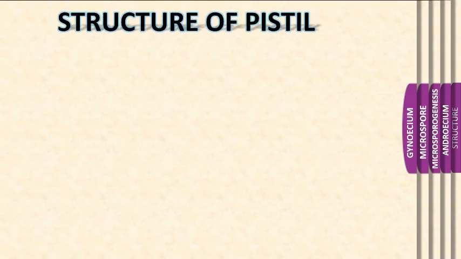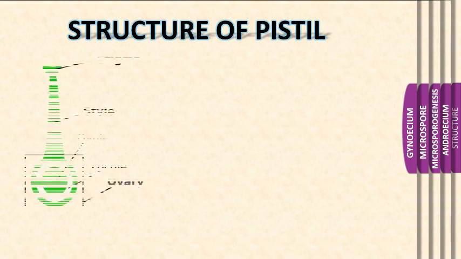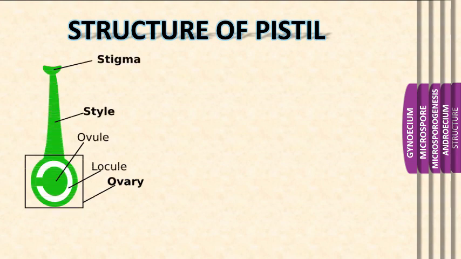After development of the microspore, we are going to study the structure of the pistil, or female reproductive part. It is also known as carpel. Here the diagram of the female reproductive part is present. It consists of three basic parts: stigma, style, and ovary. The first part of the carpel is the ovary.